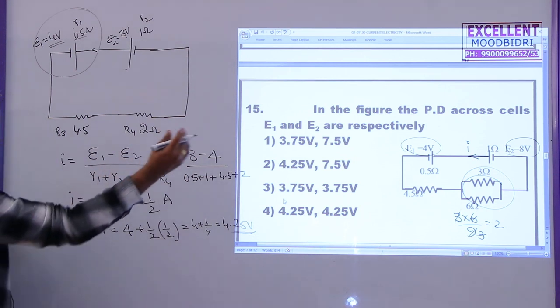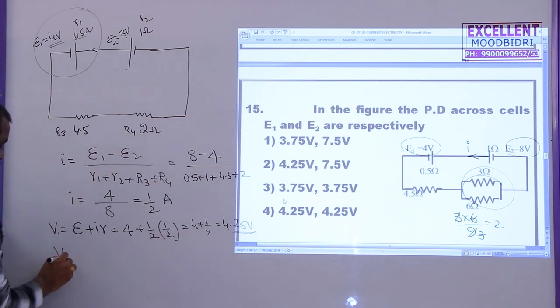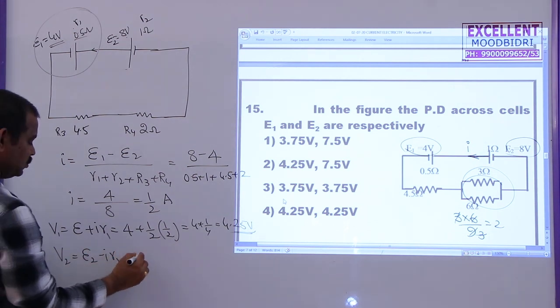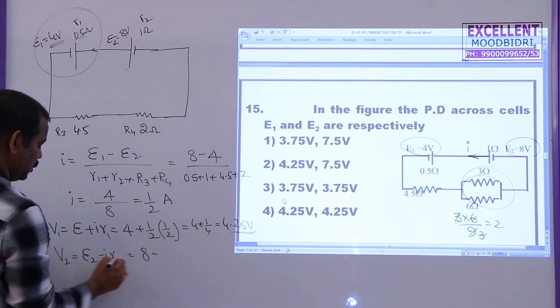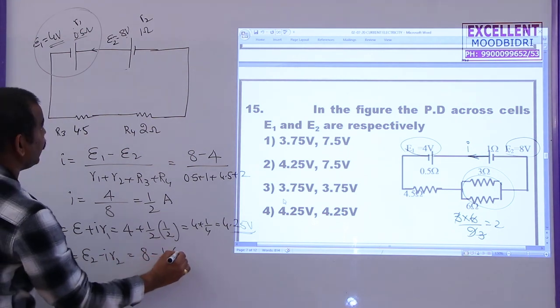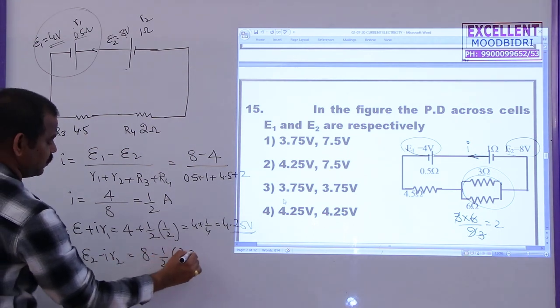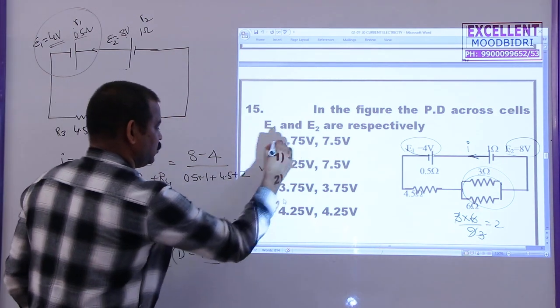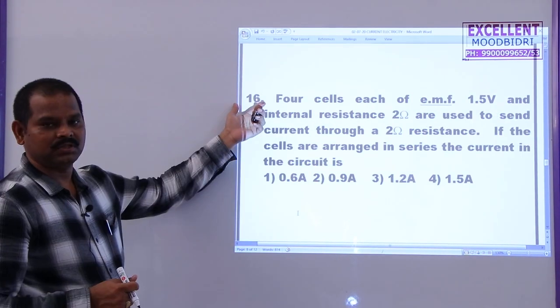Now the second one, as it is discharging, the potential across the second cell will be E2 minus IR2. So this is 8 minus, current is half and resistance is 1. So 8 minus half, 7.5 volts. Option 2 is correct.